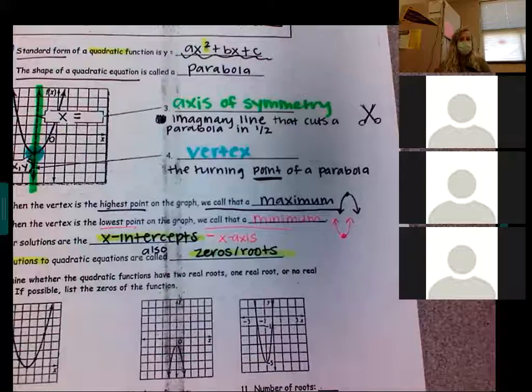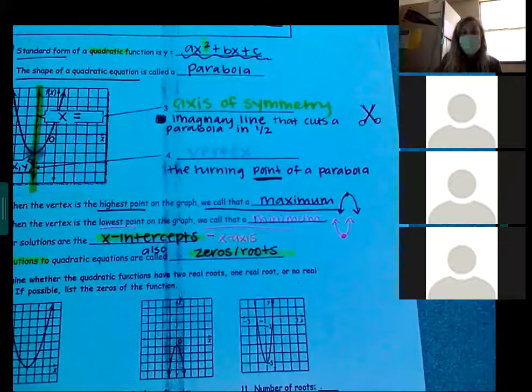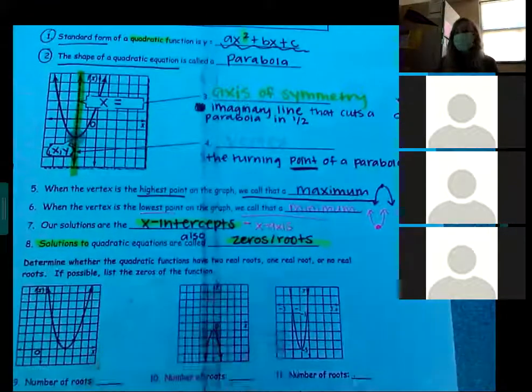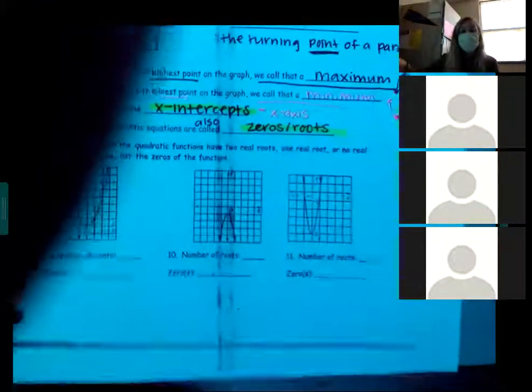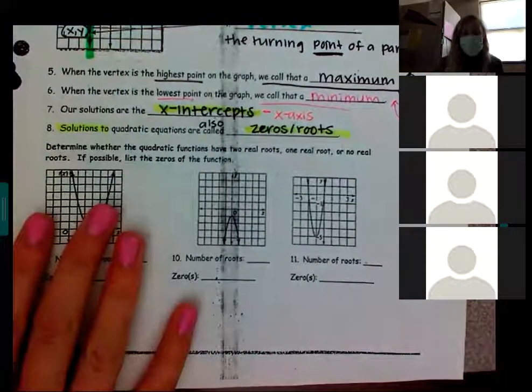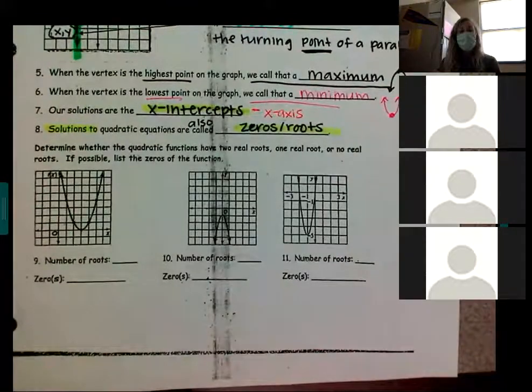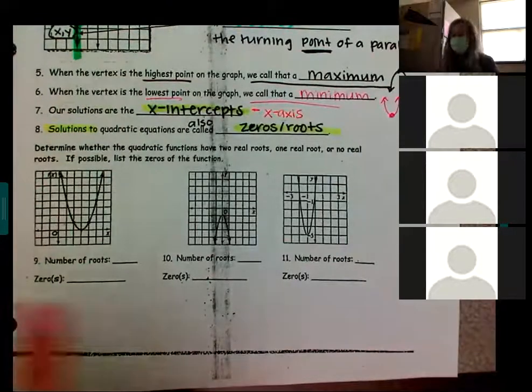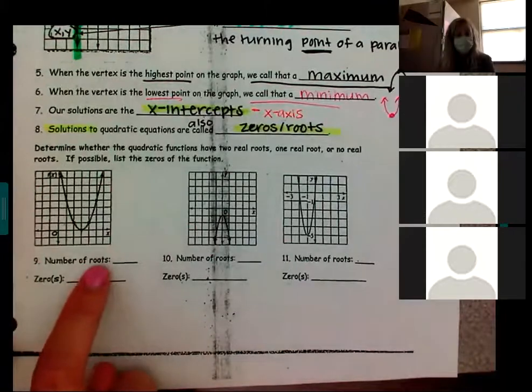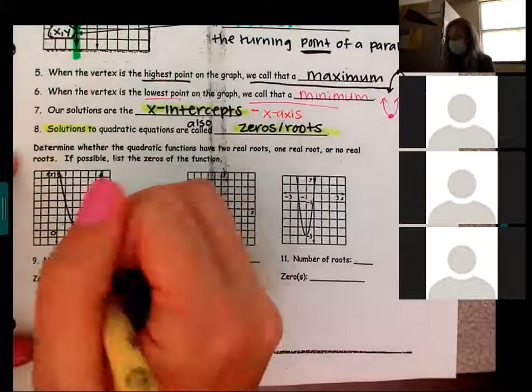All right, I'm going to pause because I got some questions. People at home, you do not have to write this unless you want to. I'm totally fine if you weren't able to print it off, if you just watch on this part. When I ask y'all for the number of roots, who can tell me what a root is?